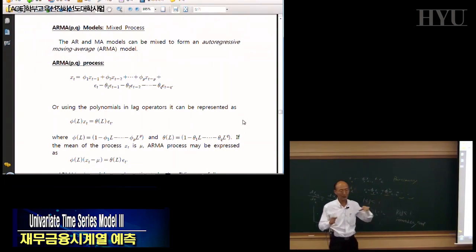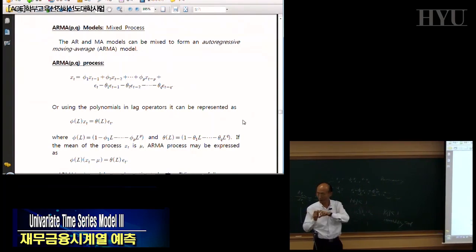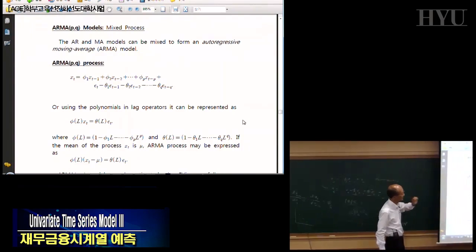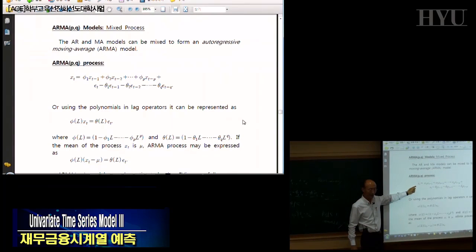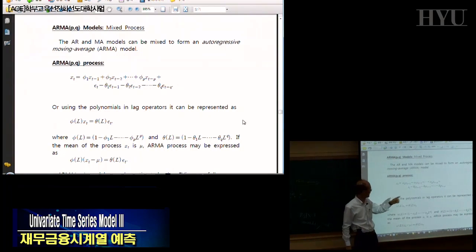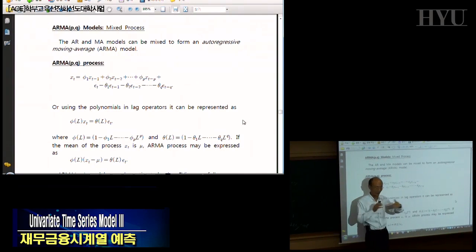You don't have to write a very lengthy MA model or a very lengthy AR model. So if you build the model in this way, called this process, then perhaps you could model particular data where you have 2 lags of this and a single lag of this, instead of an ARP process, very lengthy.